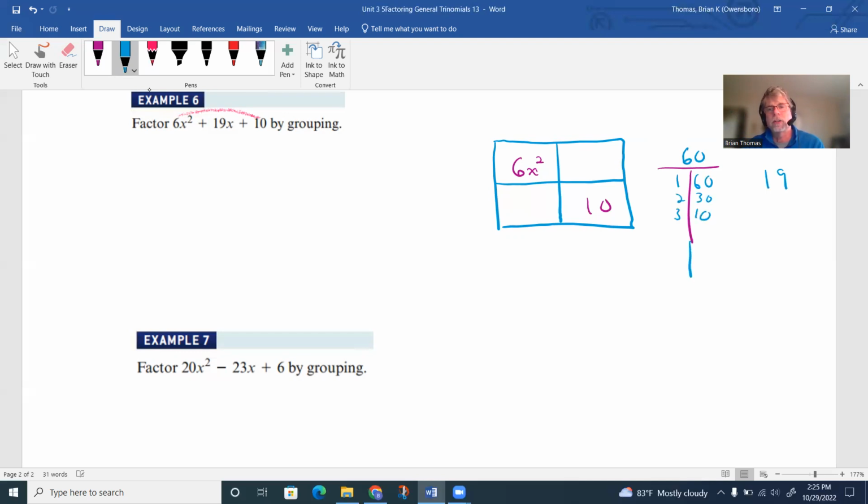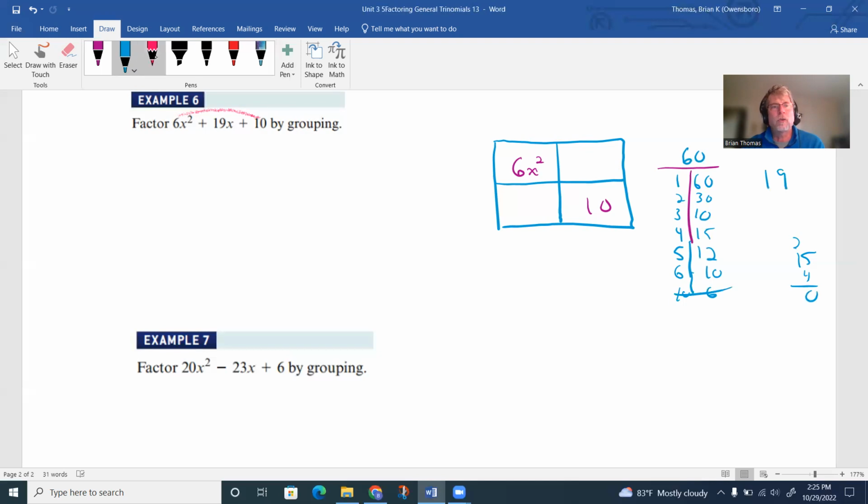So far, so good. 4, I don't know. So what is it? 4 times 15, maybe? Yeah, 4 times 15 does give me 60. So 4 and 15, 5 and 12, 6 and 10, 7, no, 8, no, 9, no, 10 and 6. That's just repeating. So that would be my different factor pairs.